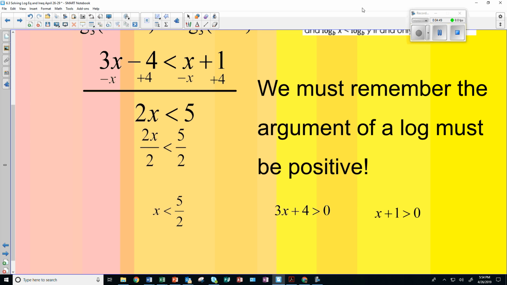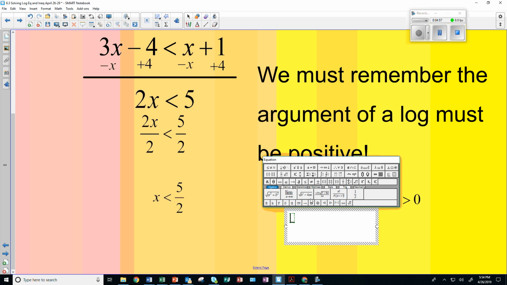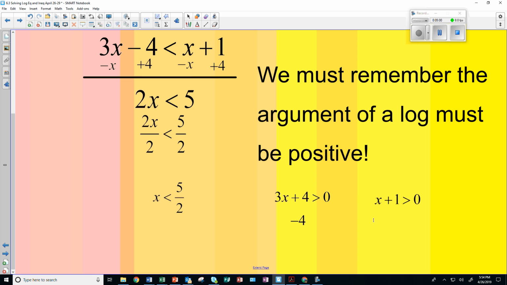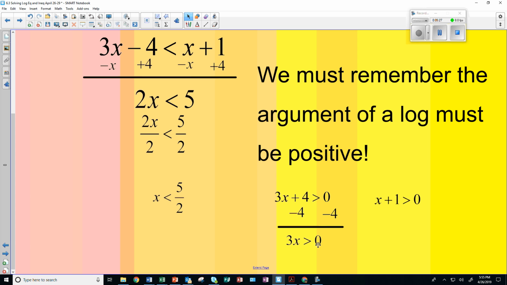So this tells us that if we subtract 4 from both sides here, that's going to get rid of the 4, and it's going to give us a -4 here.